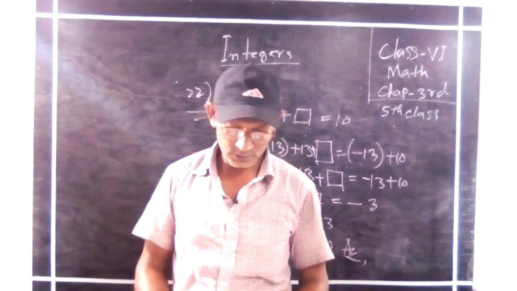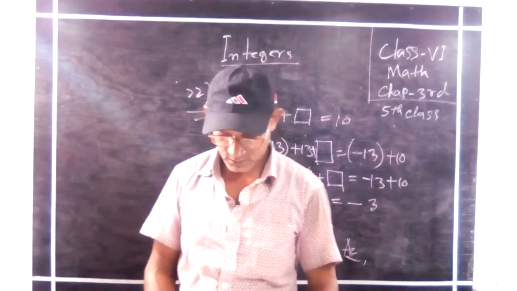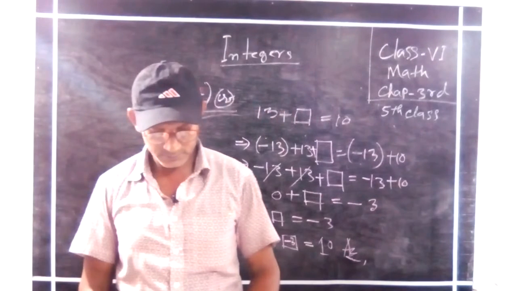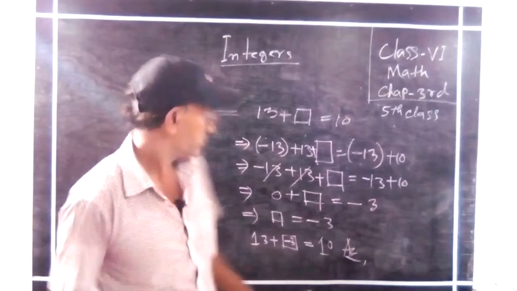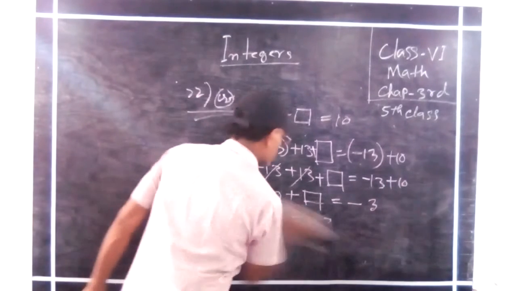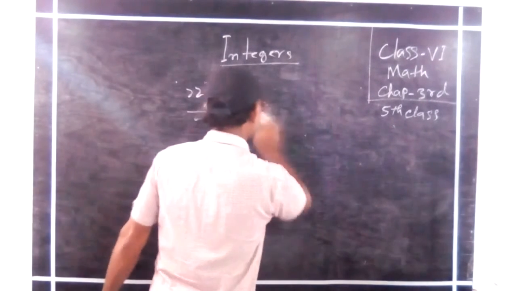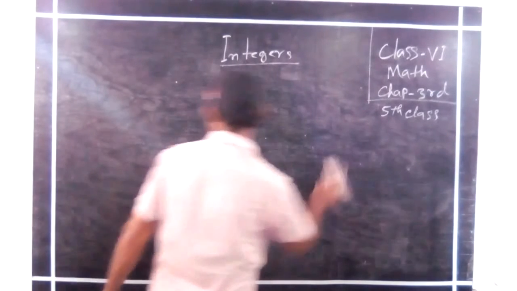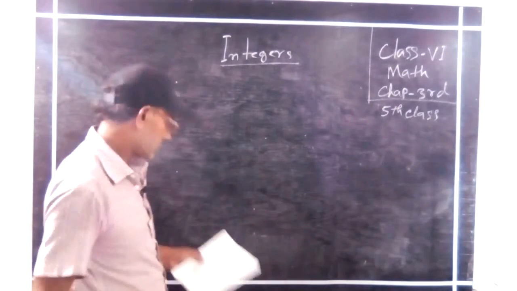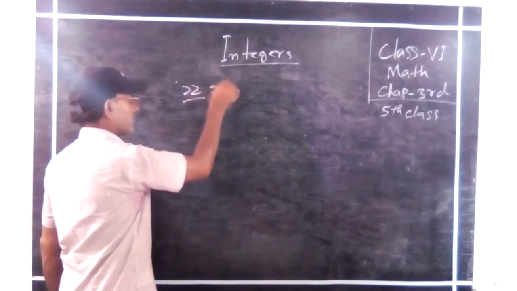Next, we do the next sum. Number 12, go. Erase it and clean my place. Number 12, go.